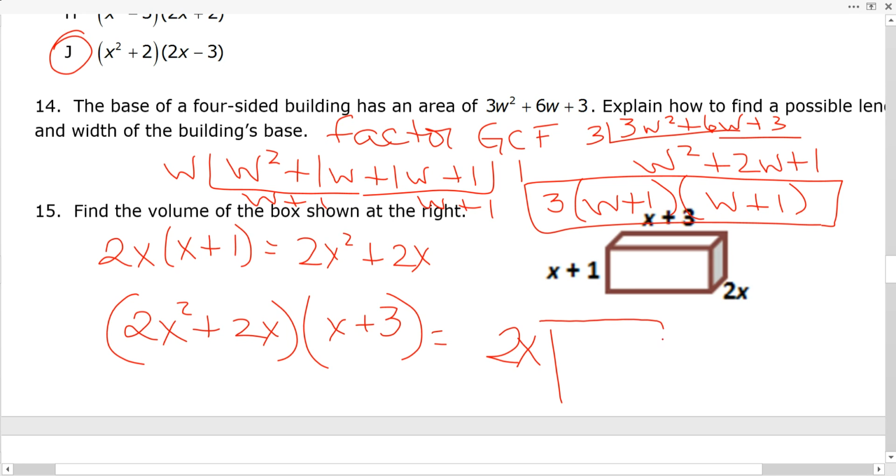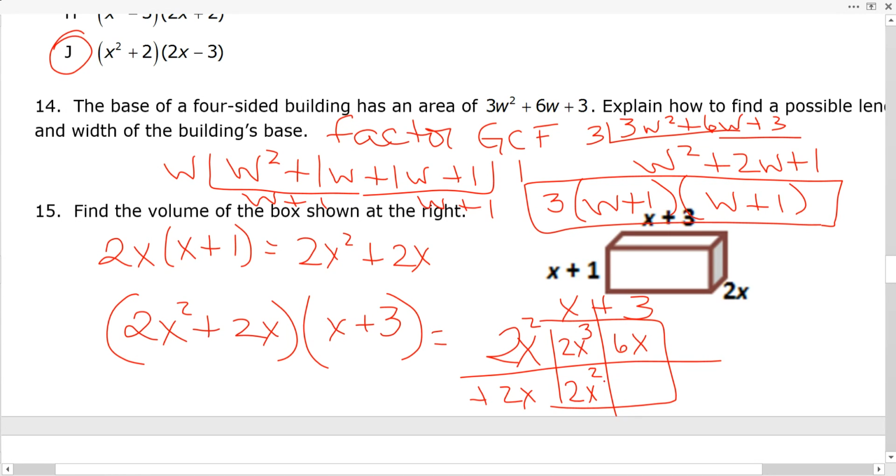I'll do a box: 2x squared plus 2x and x plus 3. 2x squared times x is 2x to the third. 2x squared times 3 is 6x squared. 2x times x is 2x squared. 2x times 3 is 6x.